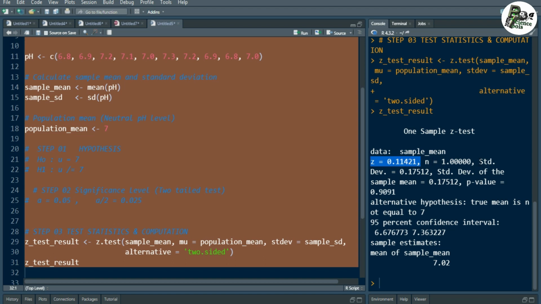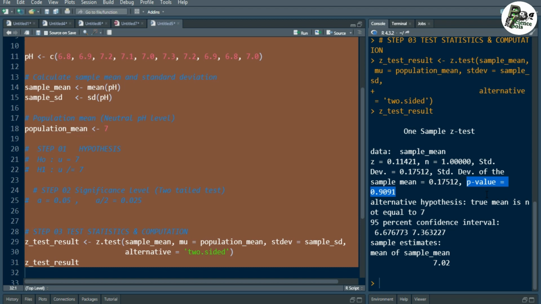This is the standard deviation, 0.17512, which is the standard deviation of the sample mean, and then the p-value. We need to be concerned with the p-value to either reject or accept the null hypothesis or the alternative hypothesis.